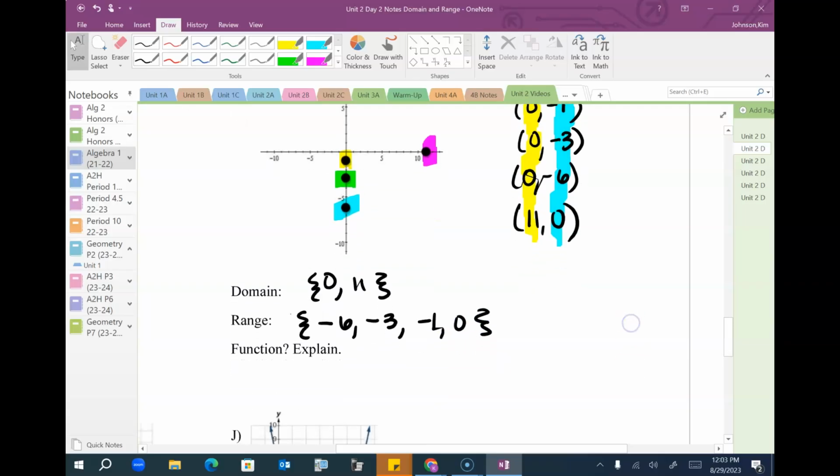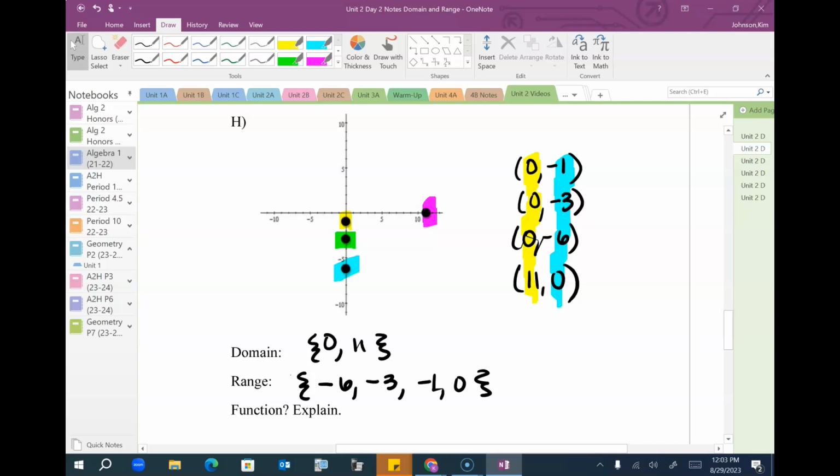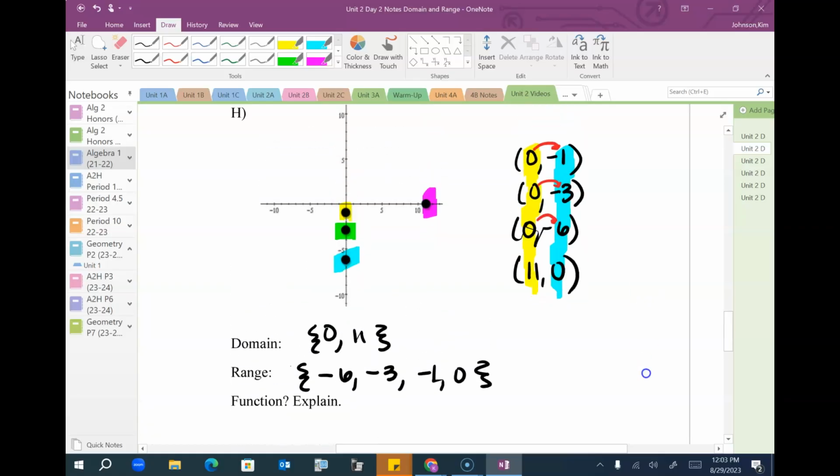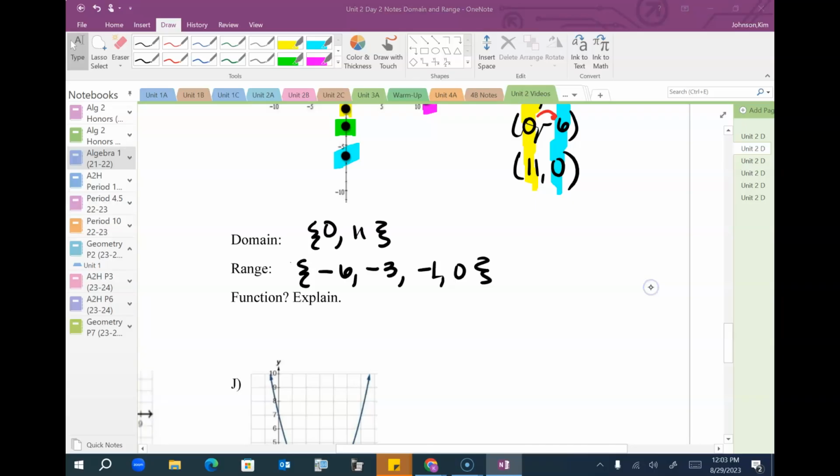Is this a function? We can look at those x values and just check to see if they go to the same number every time. But it looks like 0 has 3 different outputs. So 0 goes to -1, -3, and -6. So our answer is no, because 0 has 3 different outputs.